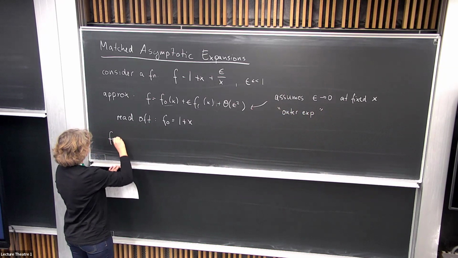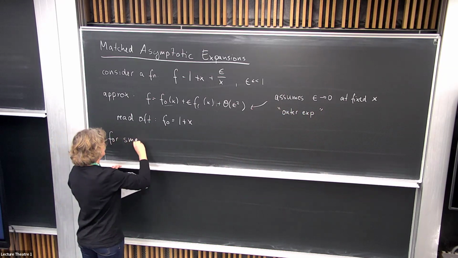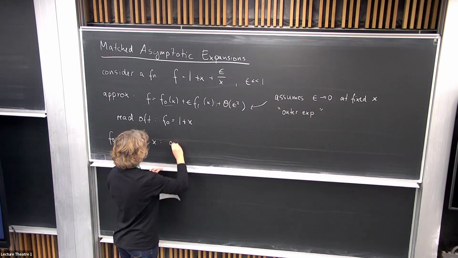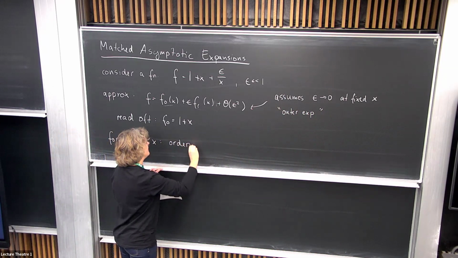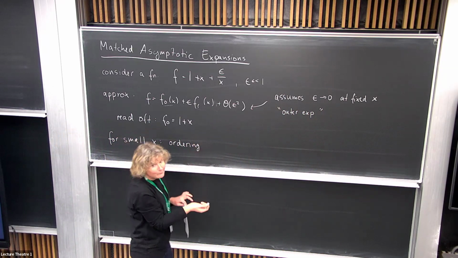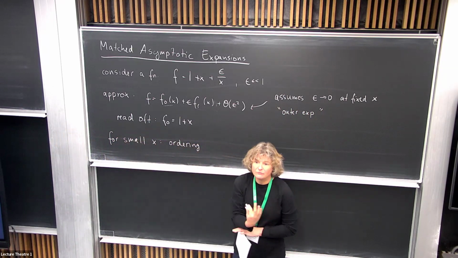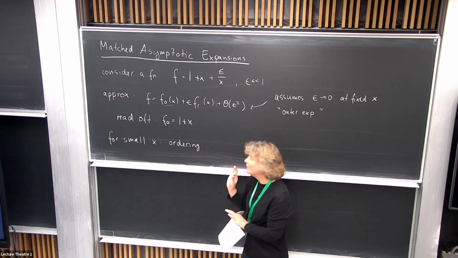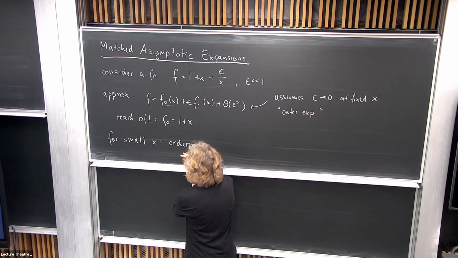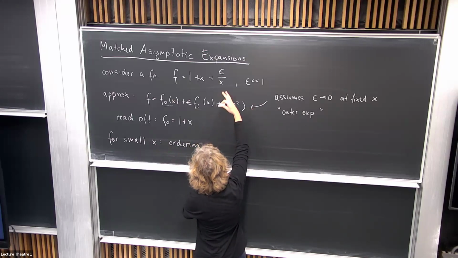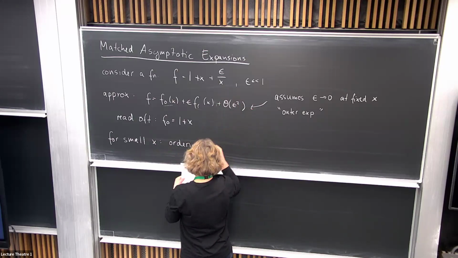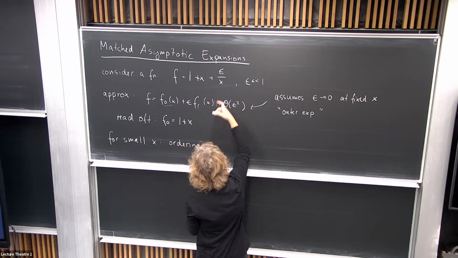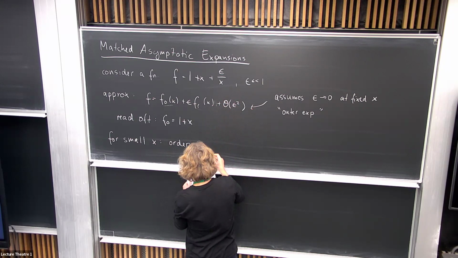Now let me also write down the problem for small x. The ordering of the terms changes. Sometimes if you have a differential equation, for example, you can also see this if the second derivative of a function is multiplied by epsilon. So it doesn't have to be just a simple scaling like this, but in this example it is visible immediately.